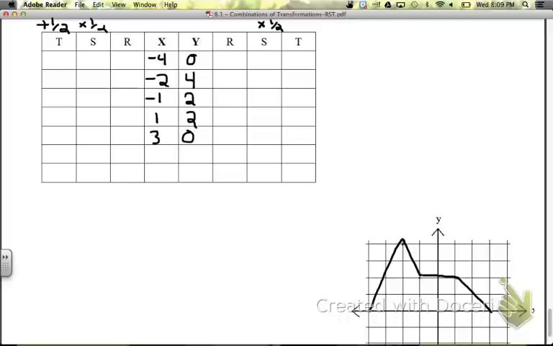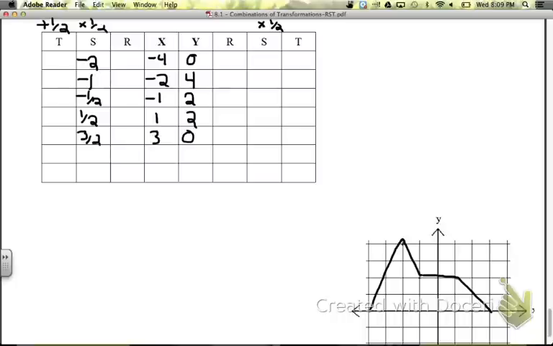So let's deal with our x's first. We're first going to multiply by a half, so -4 times a half is -2. -2 times a half is -1. -1 times a half is negative a half. 1 times a half is a half. And 3 times a half is 3/2. And now we're going to go ahead and add a half.